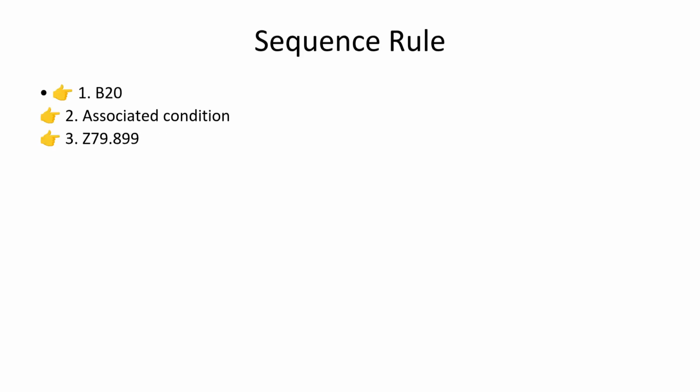Now understand the sequencing clearly. First, we assign B20 for HIV disease. Second, we assign the associated HIV-related condition. Third, we assign Z79.899 for long-term drug therapy. So the order is always B20, then condition, then drug therapy code.